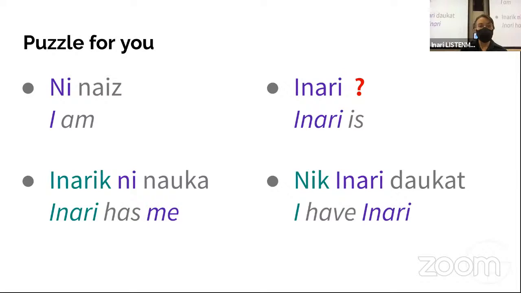With this information, you should be able to play linguistic detective and guess the verb form for saying just "Inari is." You can assume that the verb is perfectly regular, because the right answer is not regular, and if you give me the right answer, that suggests you looked it up or you know Basque.